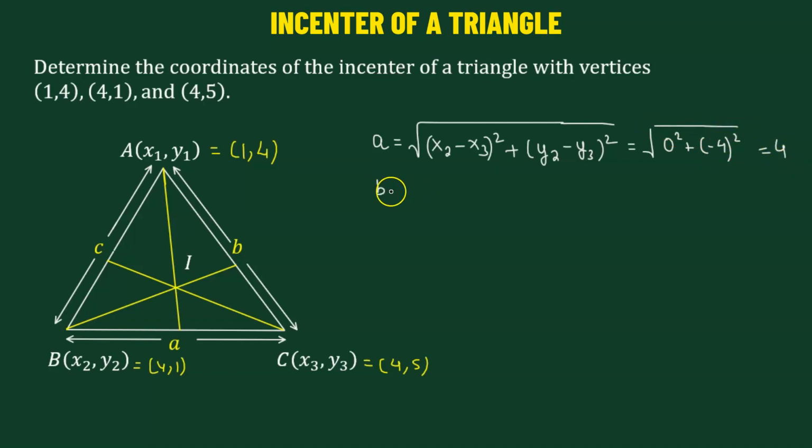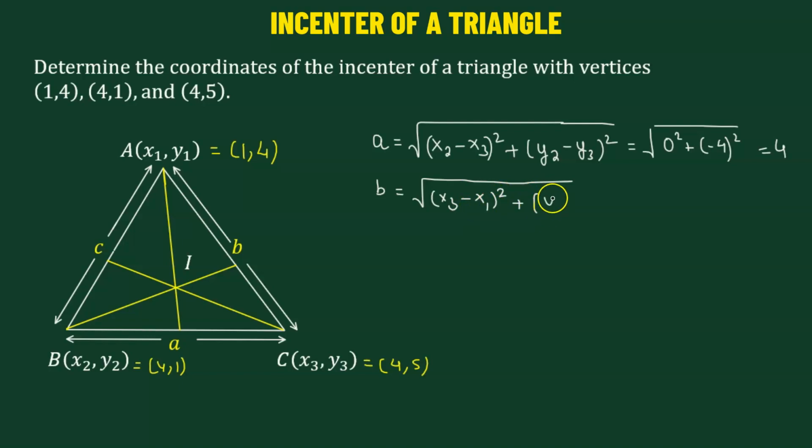Let's find the value of length b. We'll take the square root. Underneath the square root, we need the difference of the x coordinates. Since we are finding b, we need the coordinates A and C. So we can take x3 minus x1, or x1 minus x3. The only difference will be a sign difference, but since we are going to square it, it's not going to be a big issue.